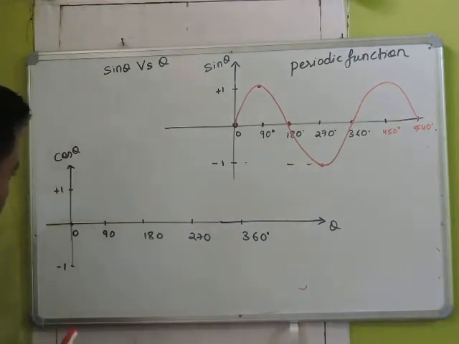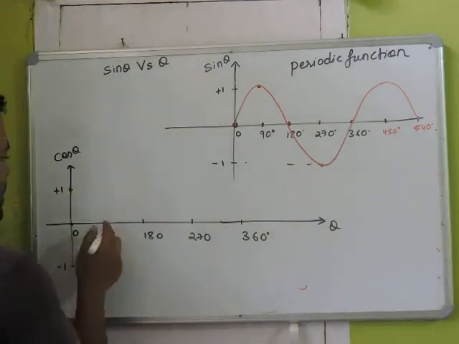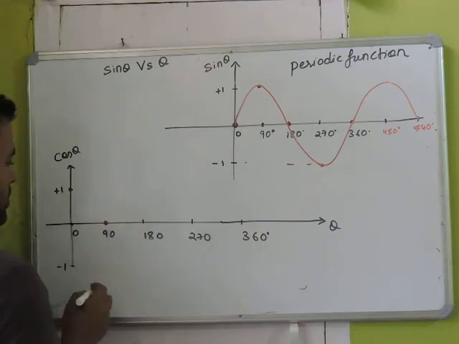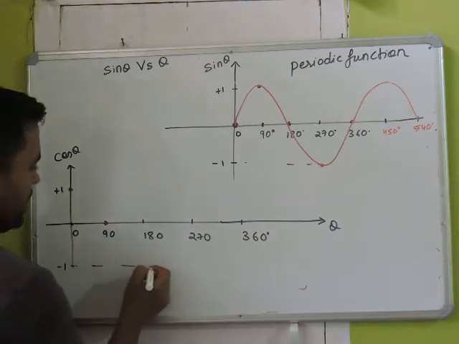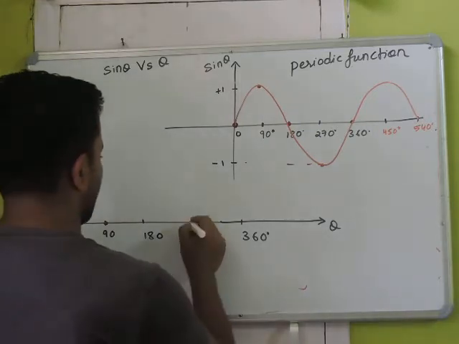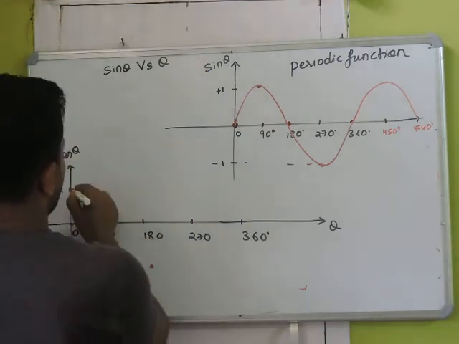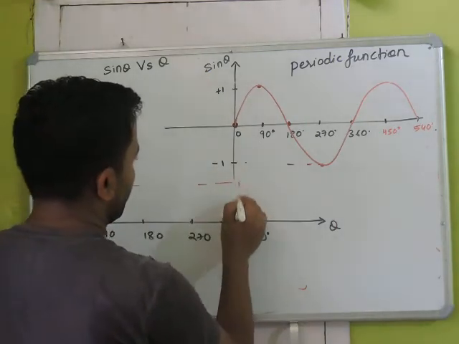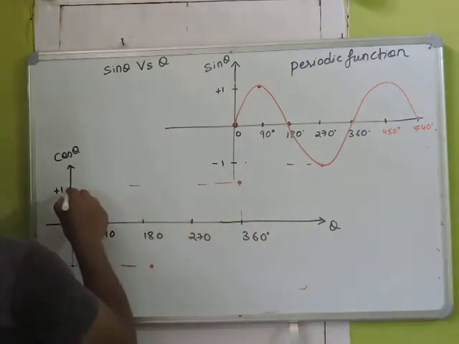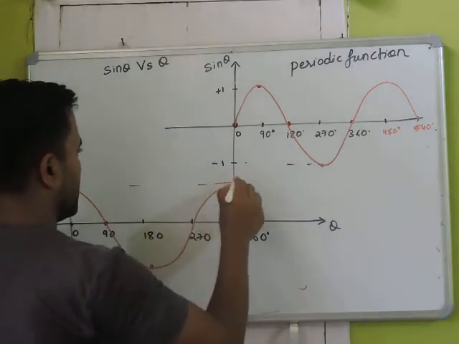Now if you can recall, cos 0 degree is 1, cos 90 is 0, cos 180 we calculated is -1, cos 270 will be 0, and at 360 degree it will be +1. So it turns out that the cos function, if you draw it, goes like this.